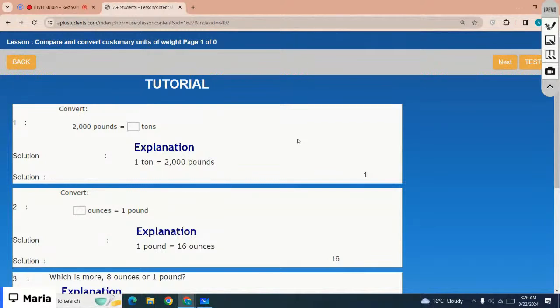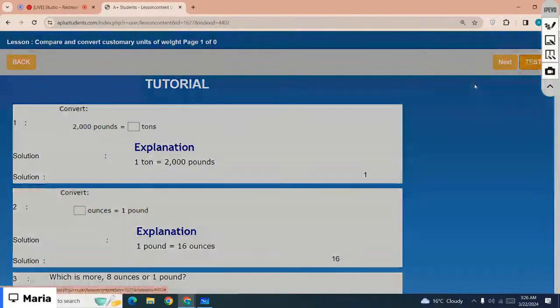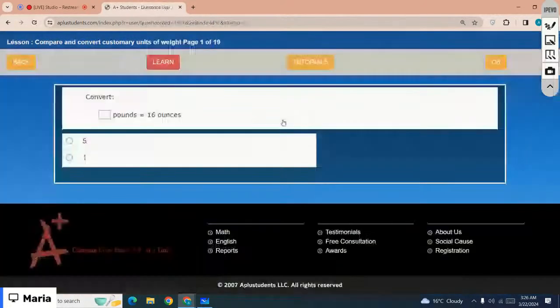Let's just start with the test questions, right? Okay, how many pounds equals 16 ounces?